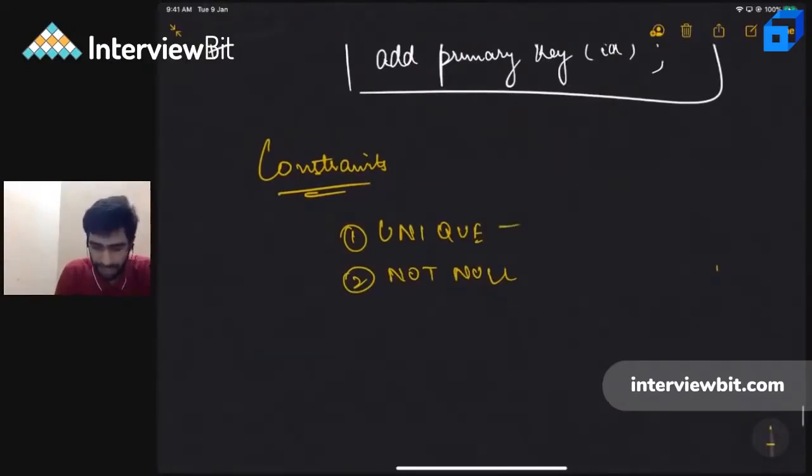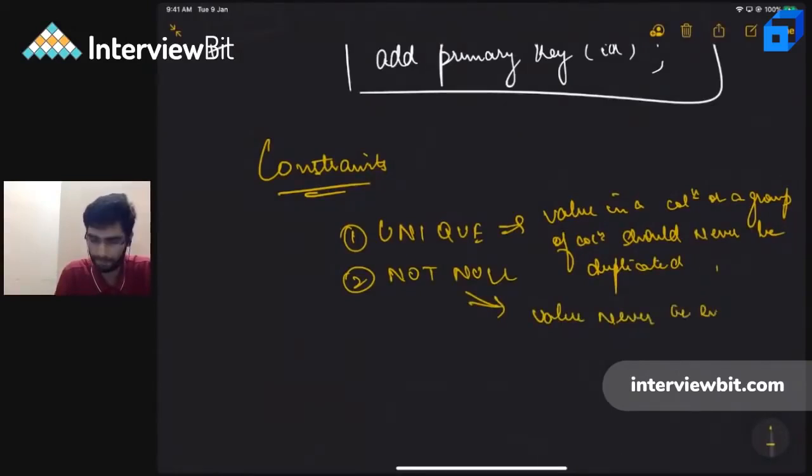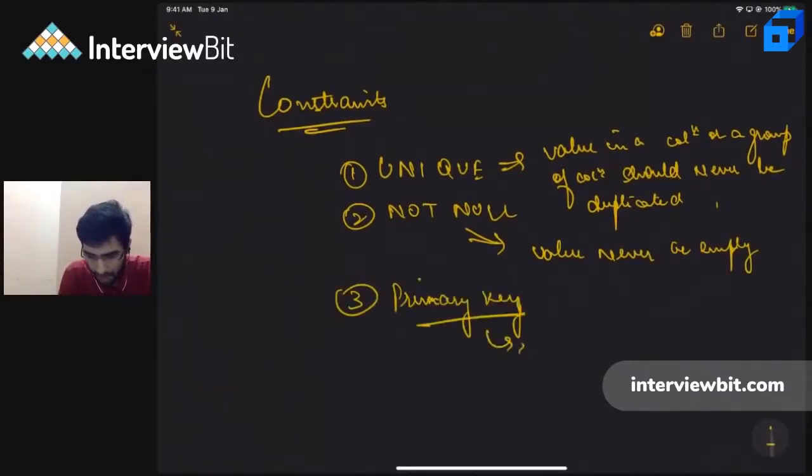The unique constraint says that a value in a column or a group of columns should never be duplicated. Not null says a value should never be empty. One of the constraints that we have discussed is primary key. A primary key by default says that it should be unique and not null.